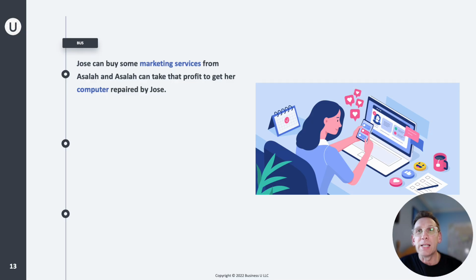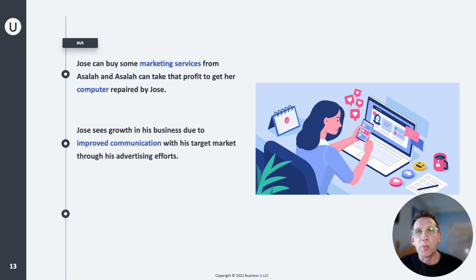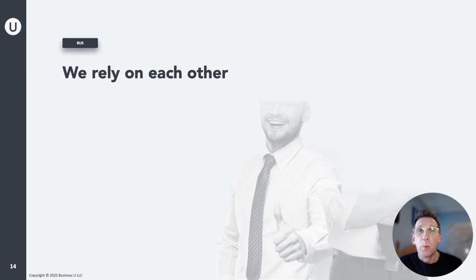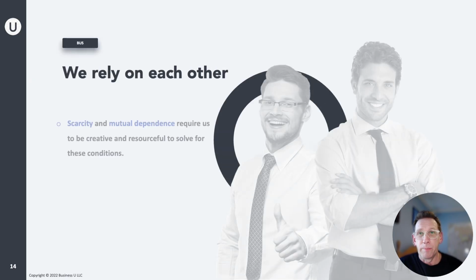So what happens then is Jose can buy some marketing services from Asala, and Asala can take that profit to get her computer repaired by Jose. See, they help each other out. Jose sees growth in his business due to the improved communication with his target market through the advertising efforts that Asala has done for him. And then Jose uses part of those profits to pay for more marketing services from Asala. So again, we rely on each other.